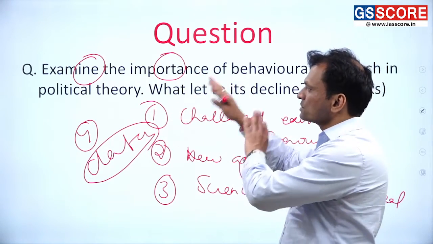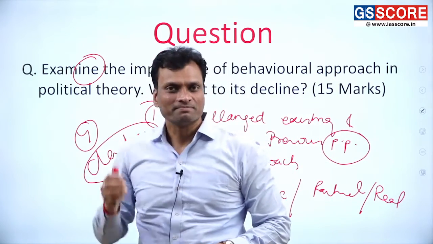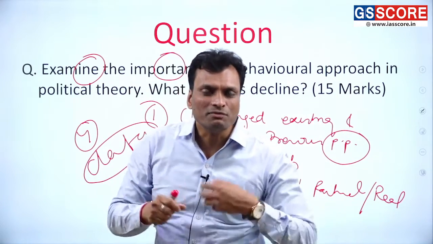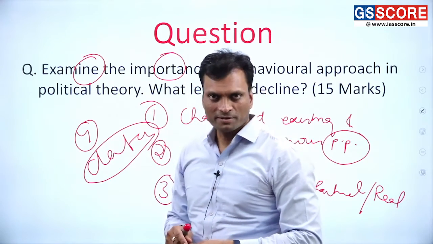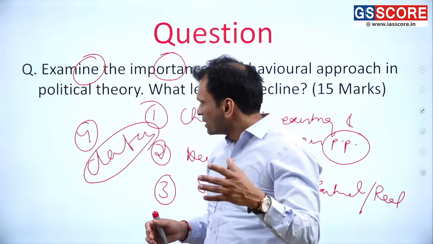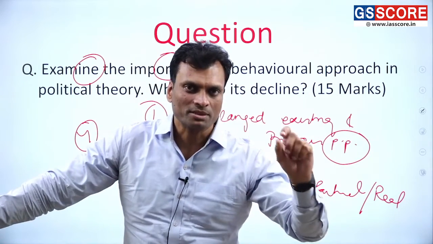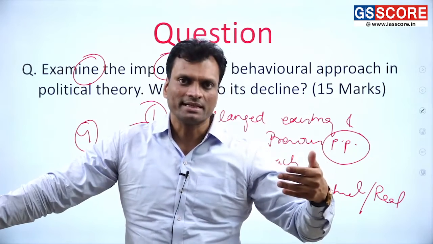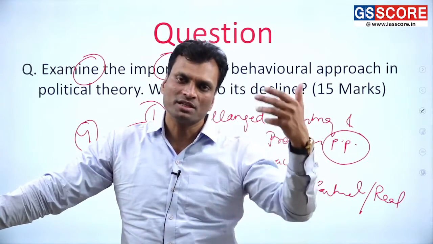So behavioralism totally changed the way of political theory. It was a revolt. It was a revolution in the research methodology of political science. Now it was no more about how it should be. You simply create a hypothesis, collect the data, prove the hypothesis on the basis of data, or you reject it.